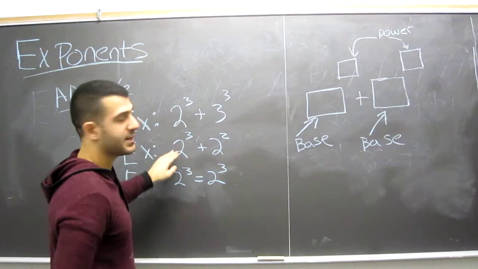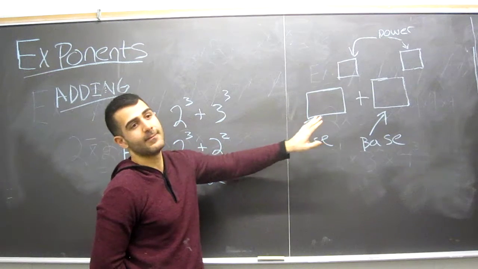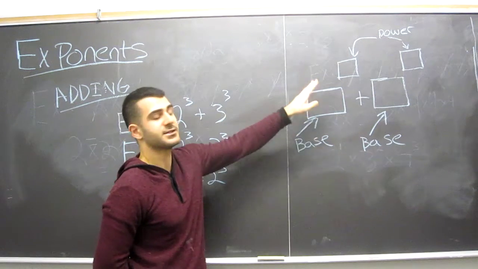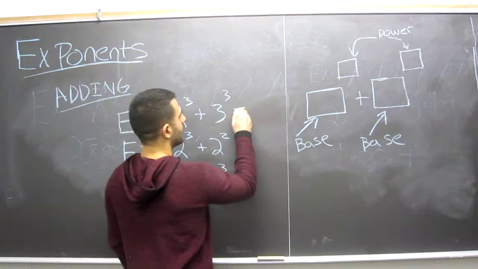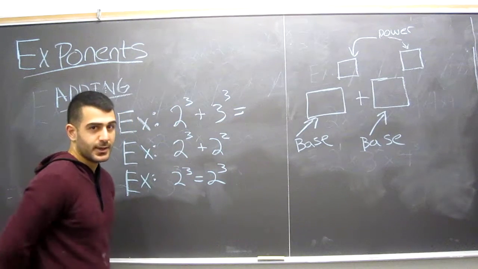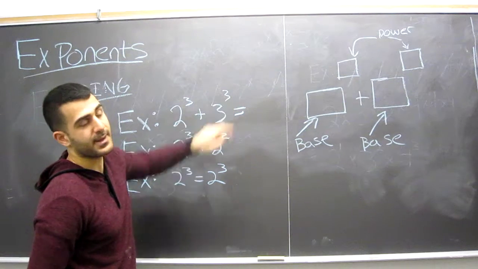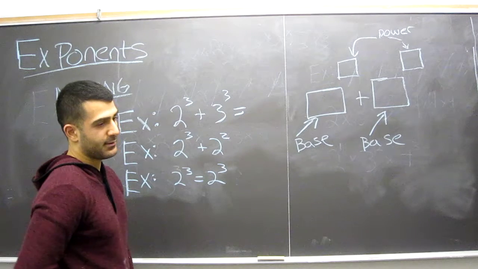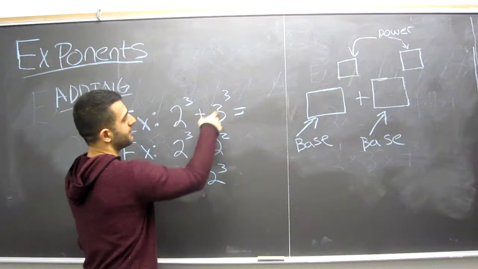So let's go over exactly what the addition rules for exponentials are. Let's just look at 3 examples and then I'll go over exactly what the general case is. So what do you have to look for to add 2 exponentials together? Let's say you're given 2 to the power of 3 plus 3 to the power of 3. Now, when you're adding exponents, it's very hard to just simplify.